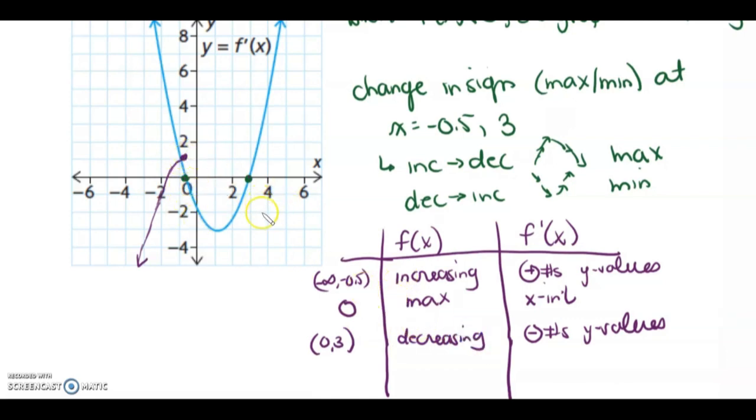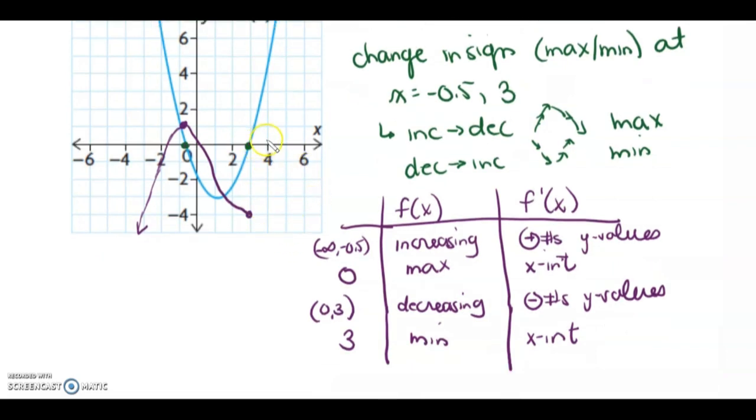Then our turnaround point is at the value 3. This is going to be a minimum, because on the derivative function there's an x-intercept. So as soon as you see an x-intercept, there's going to be a turnaround. We know that if we're going from increasing to decreasing, that's the max, and decreasing to increasing, that's the min.